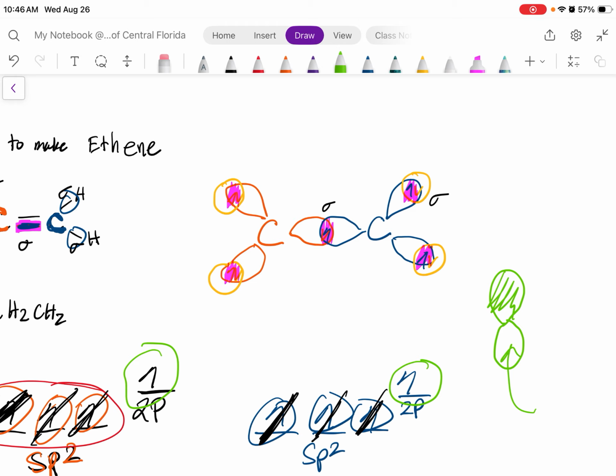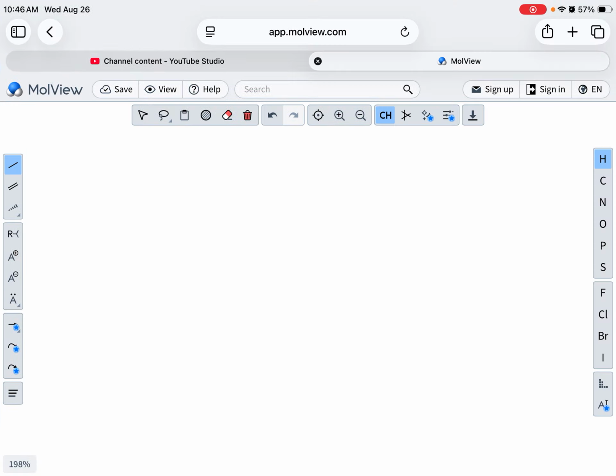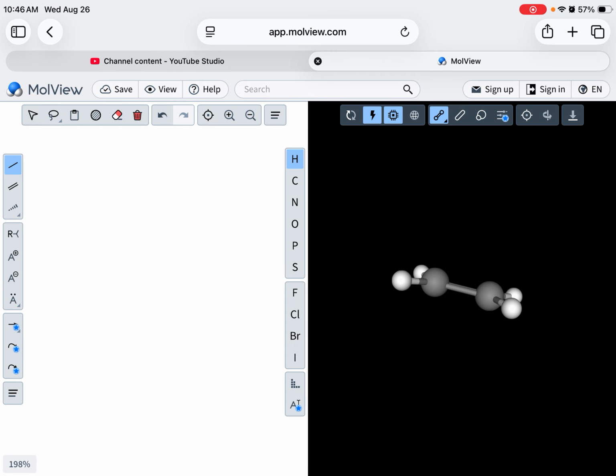So we have to use our imagination here and realize that this p orbital that I'm drawing, and we have phase, is perpendicular to the orange orbitals. And then this green p orbital right there is also perpendicular to the blue orbitals. Or said this way, above and below that plane.